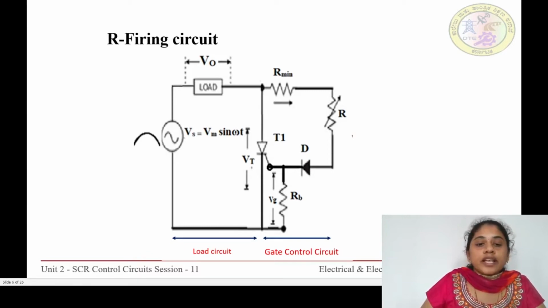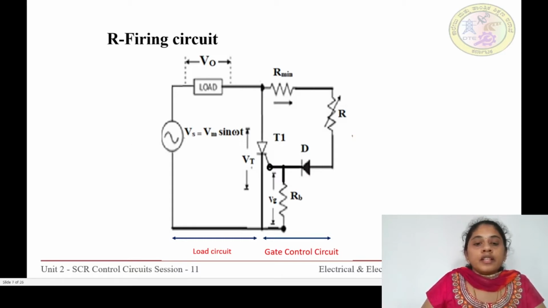In the positive half cycle of the supply, let us assume there is no gate pulse. Since there is no gate pulse, SCR will not turn on, and so the voltage across the load will be 0.